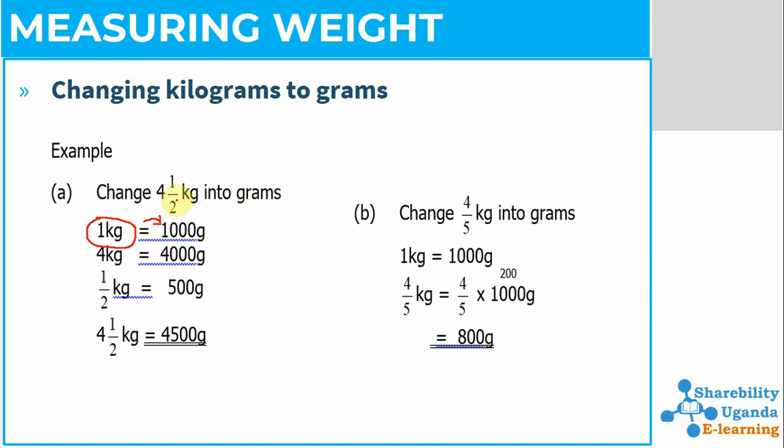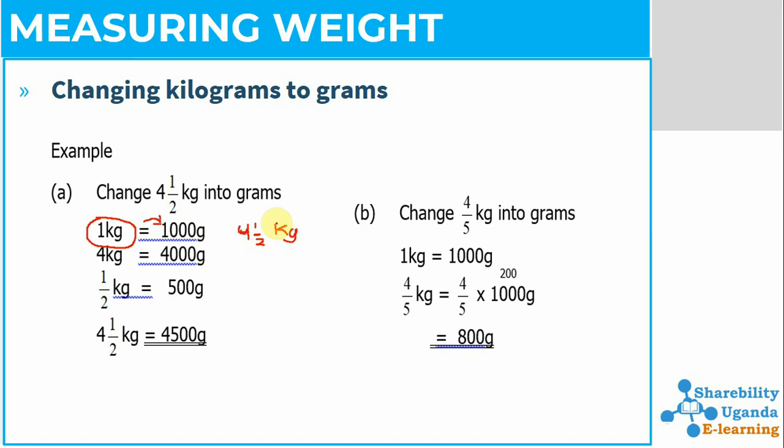So what we do, we can decide to take all of them. Remember, we have 4 and a half, which is a mixed fraction. We can first write our 4.5 kilograms.